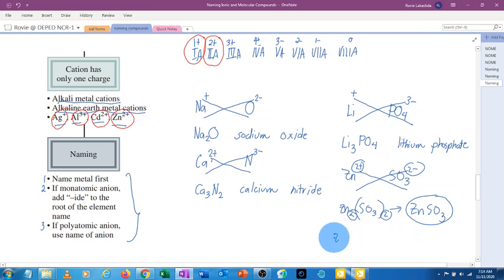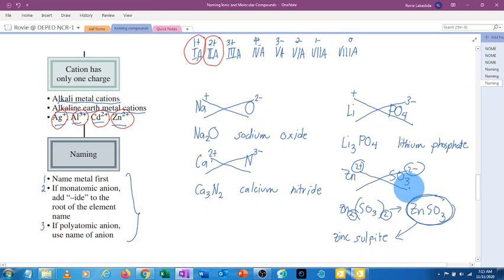So that is zinc. And then, since this is a polyatomic ion, if polyatomic anion, use the name of the anion. So what is the name of the anion? That's correct. This is sulfite. So the name for this compound is zinc sulfite.